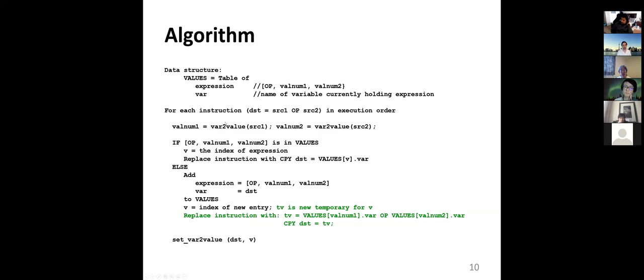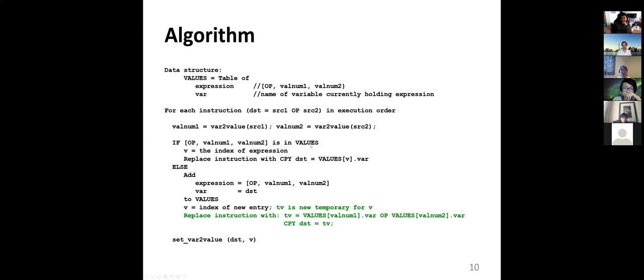If I have an instruction with two operands, source 1 and source 2, that do an operation op, like plus, minus, or multiplication, and a destination register DST, what we do is get the value number from the table assigned to register 1, then the value assigned to register 2. And then we search whether we already have a registered expression that has these as the first parameter, these as the second parameter, and doing operation op.